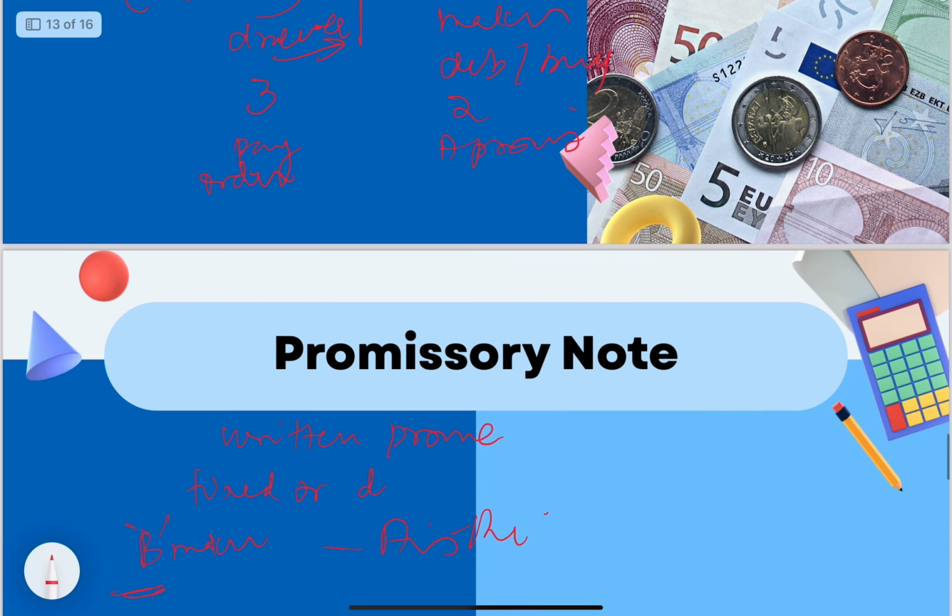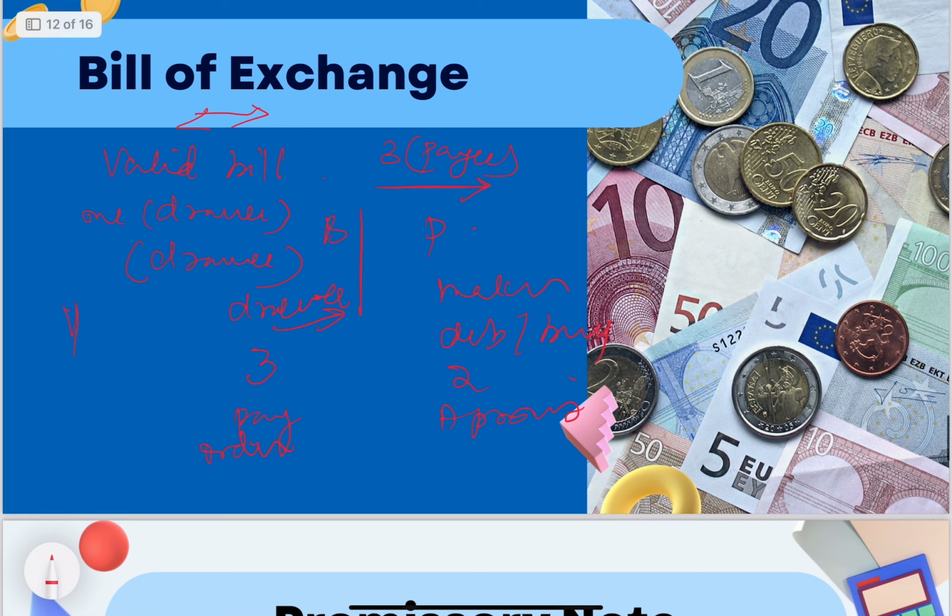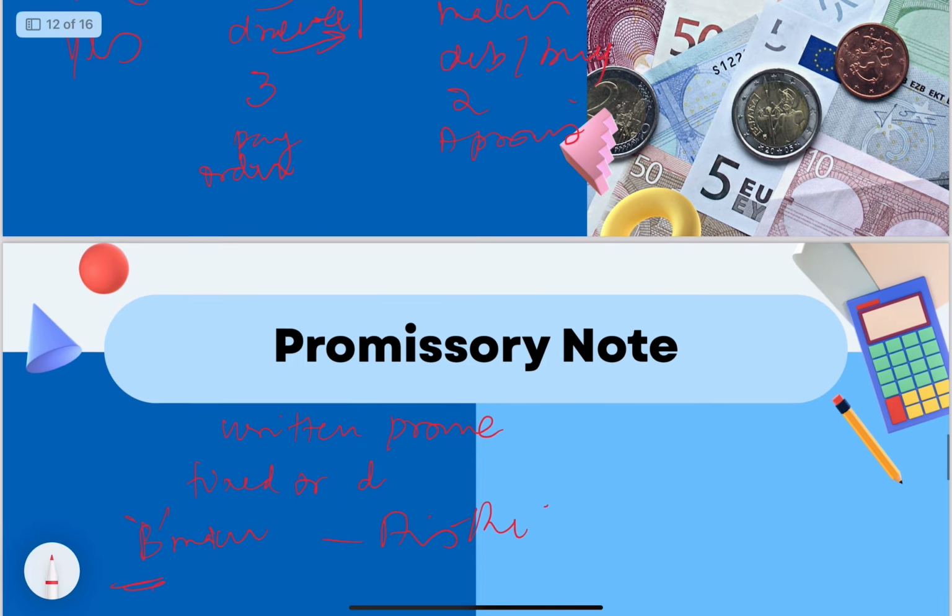Do you need the acceptance of the drawee here? Yes. Do you need it here? No. A bill is mainly used in trade transactions, while a promissory note is often used in loans and borrowings. So these are the major differences between a bill of exchange and a promissory note.